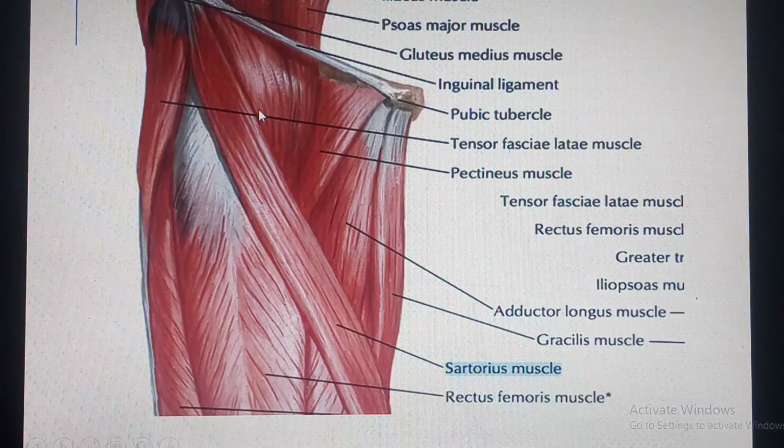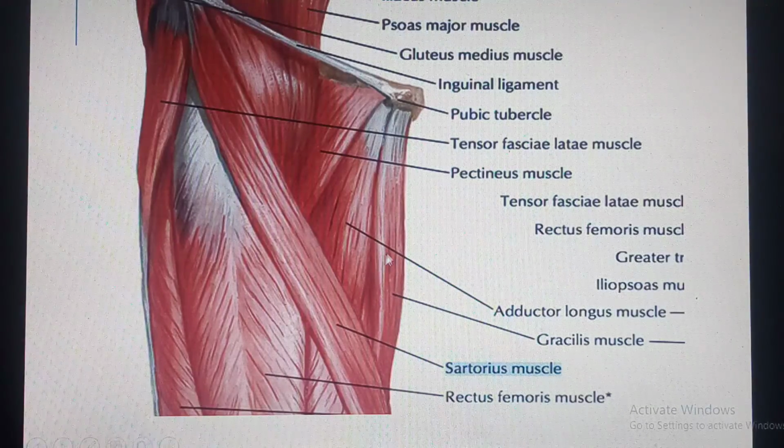This femoral triangle is very important because it serves as the channel through which structures that enter or leave the thigh have to go, coming from the abdominal area into the thigh, or moving from the leg region through the femoral region and entering the abdominal region. You have to traverse through this area.